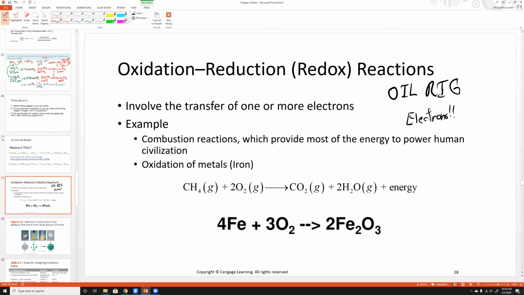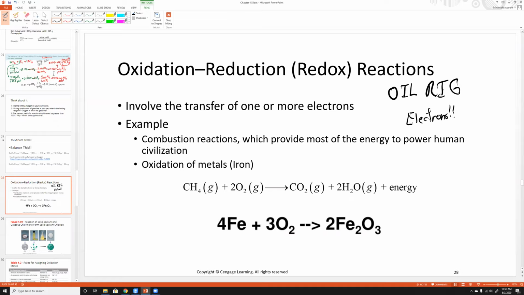We'll talk about this more later, but in an oxidation reduction reaction there are two things. One element, one atom is being oxidized and one is being reduced. Oxidized means it is losing electrons. Where are those electrons going? They're going to the RIG, the reduction part.